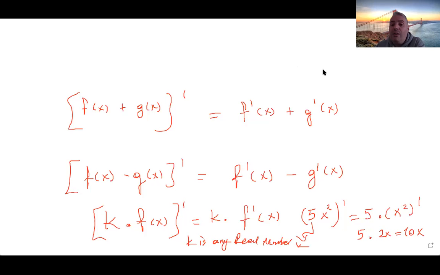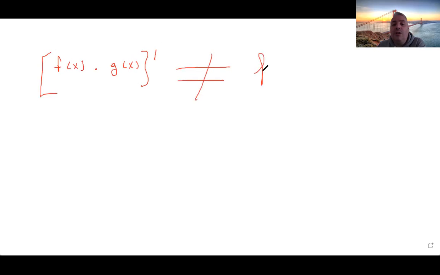But the most important thing now starting, guys: whenever we have f of x times g of x derivative, be careful, this is not equal to derivative of first times derivative of second. No, it is not. We have one rule.